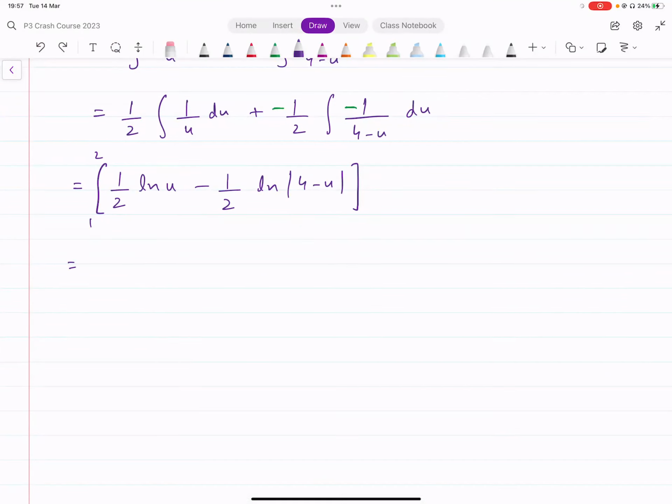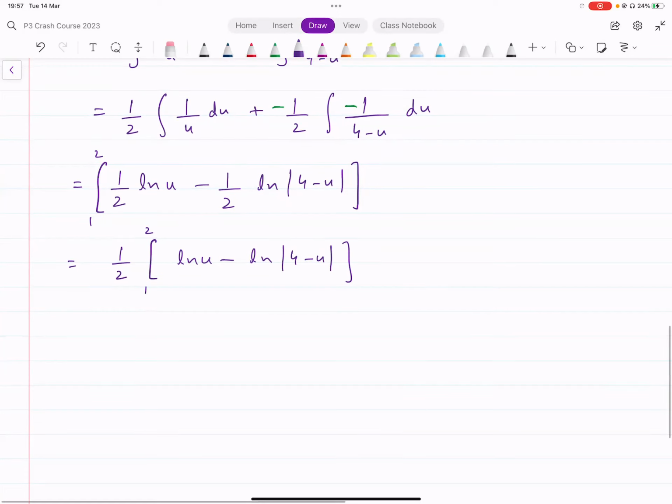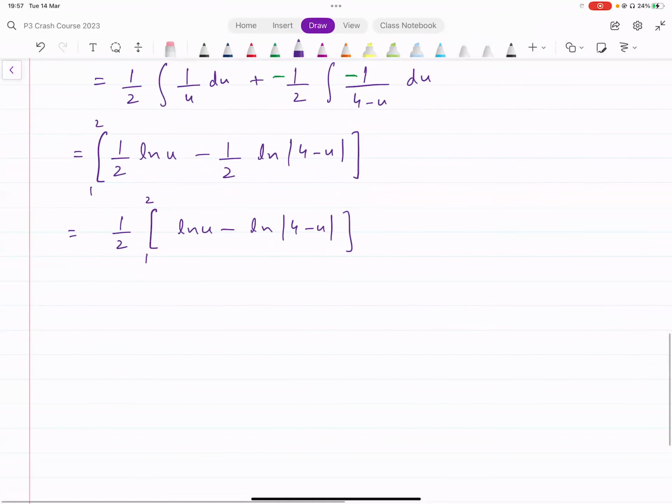Again, half is just a constant. We could take half common and write it outside. So it becomes ln of u minus ln of 4 minus u. Okay. Before inputting the limits, this might be helpful because this would make your calculations relatively simpler. Now just input those limits.